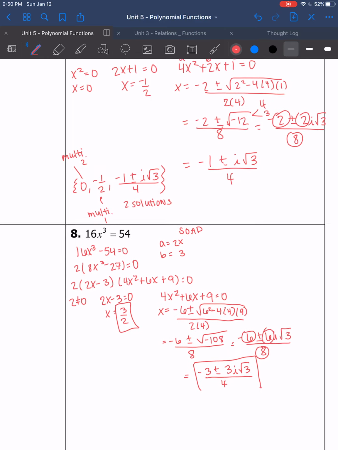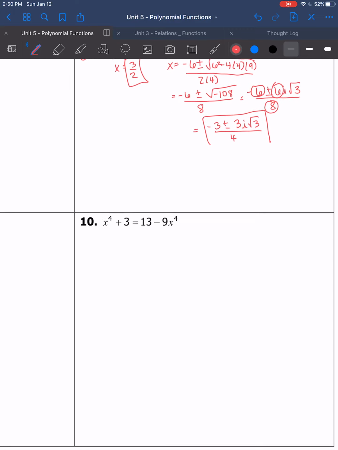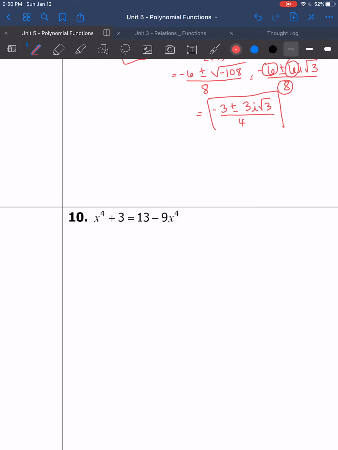Alright, we're moving right along. Let's do number 10. Let's combine everything to the left side and keep our x to the 4th positive. So I get 10x to the 4th minus 10 equals 0.